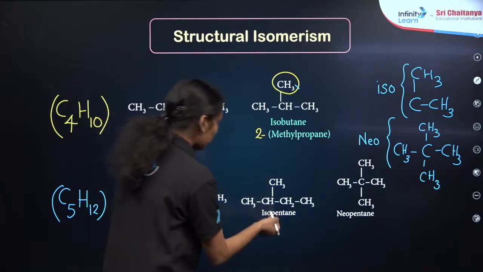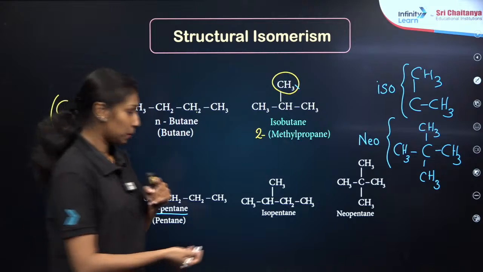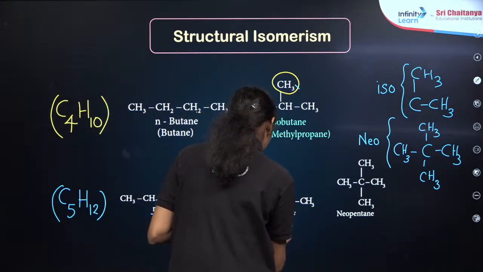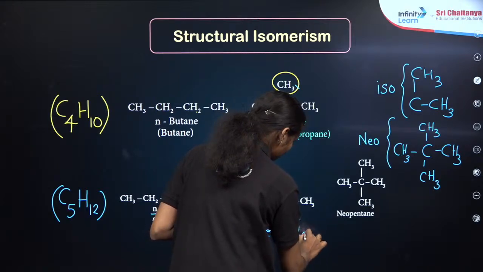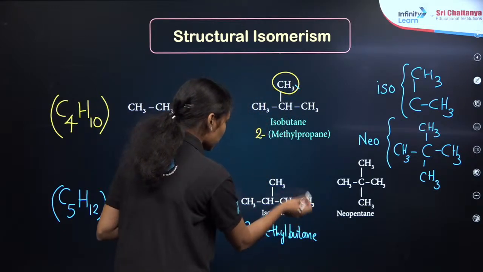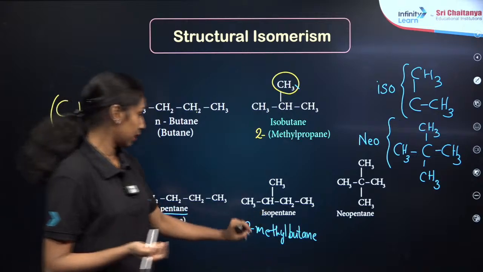I will keep the methyl group in the second position of carbon. So I can name it 2-methylbutane, right? The 4 carbon chain will be the longest chain here, so it will be butane. 2-methylbutane contains the CH3 part, so again I can call it isopentane.